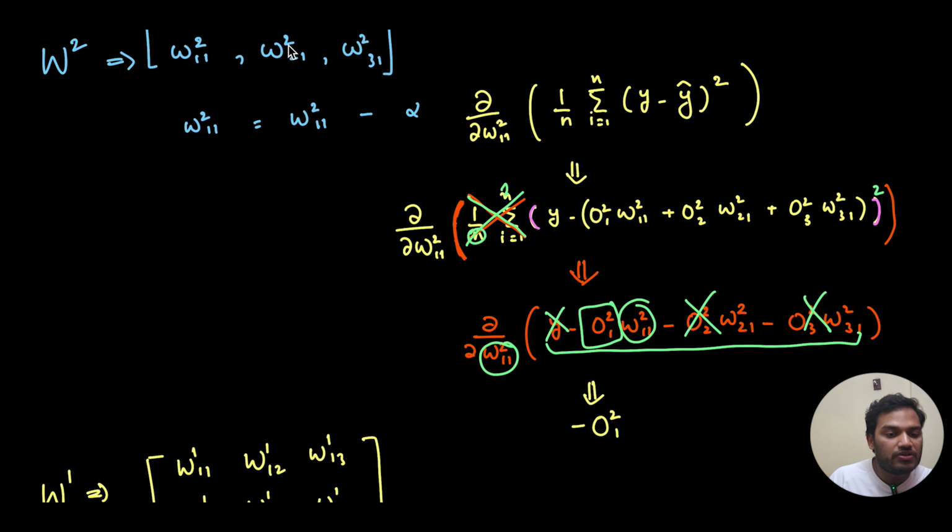And if you are doing it with W221, then instead of this minus O21, we'll be getting minus O22. And if you are doing it with W231, then instead of O22, we'll be getting O23. Like that, for all these weights, the partial derivative or how this weight is getting updated will be the same. I hope this is clear for everyone till this point.